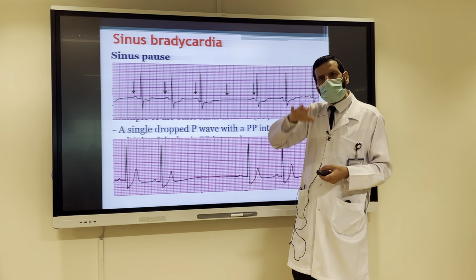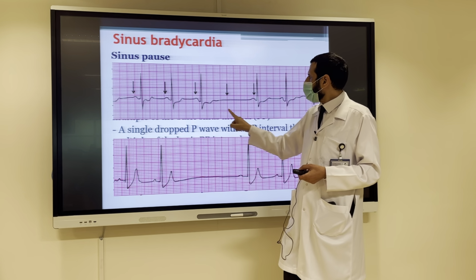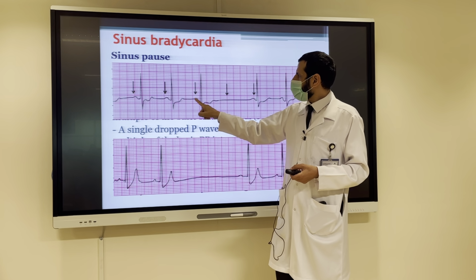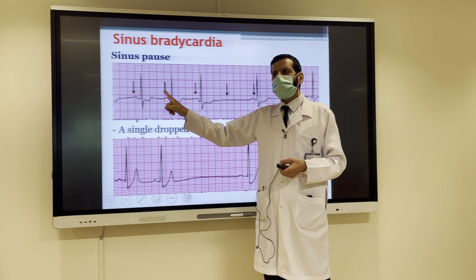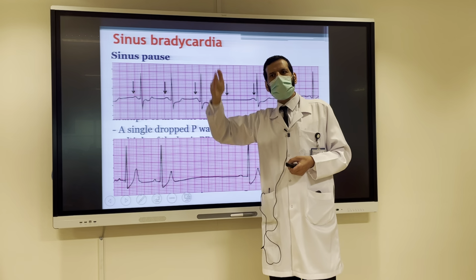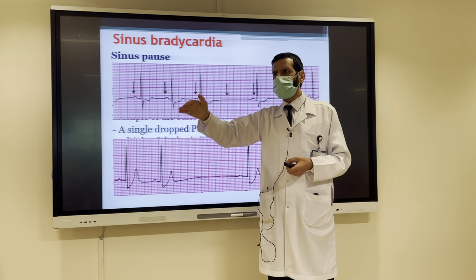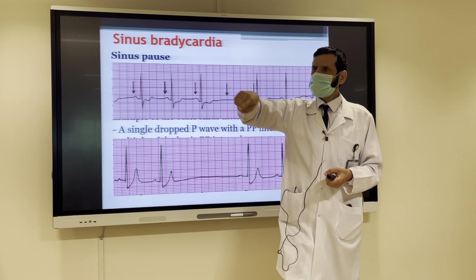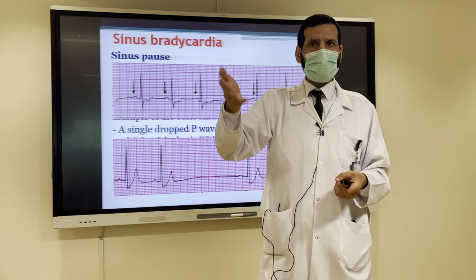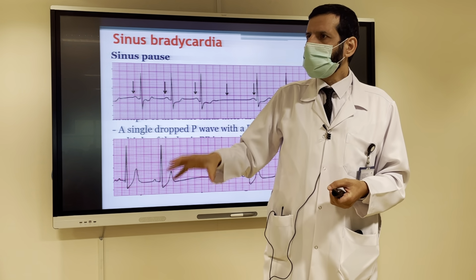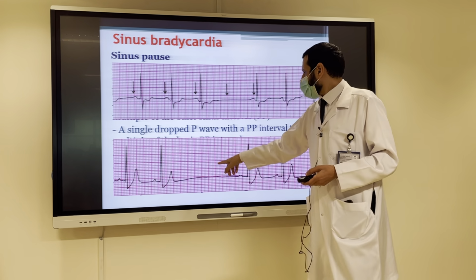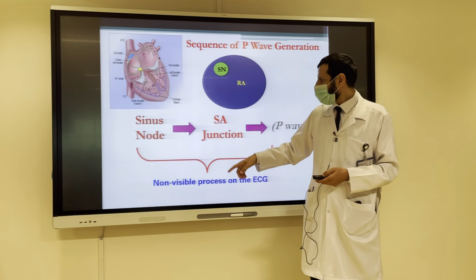The next P wave comes on time. This gap is double, or it could be triple the P-to-P interval before. So the sinus node is firing at the same rate, but sometimes conducting to the atrium, sometimes not, because of a pathologic process between the atrium and the sinus node. Exit block. If you try to map them, they will not map.